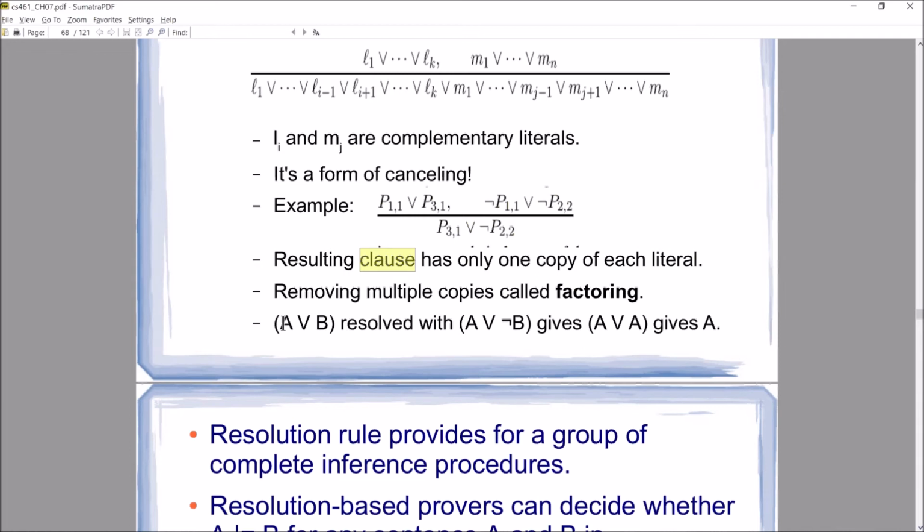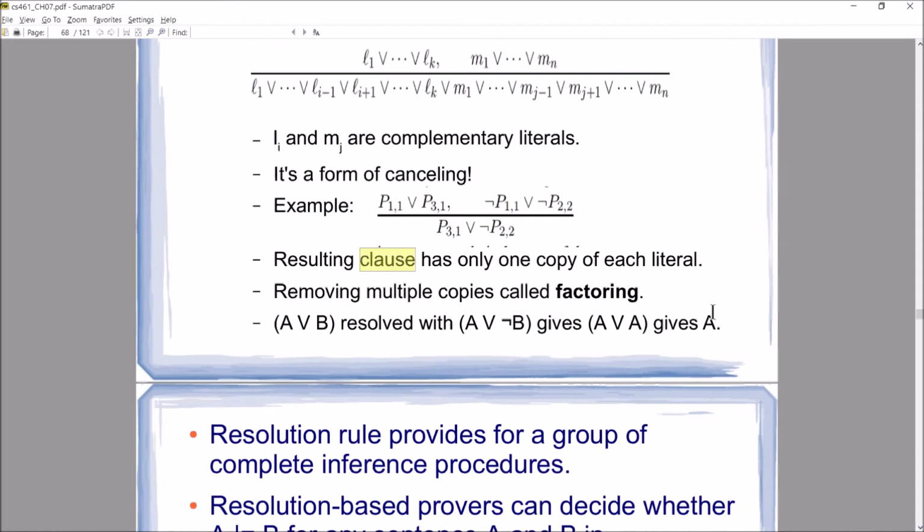So for example, A or B resolved with A or not B. If you combine those two clauses together, what you would get is A or A, right? Because the B and the not B cancels. And so A or A, well, you can get rid of one of the extra A's, because if A is true, the whole thing's true no matter what. You can cancel out the extra one, and that's just going to give you A.